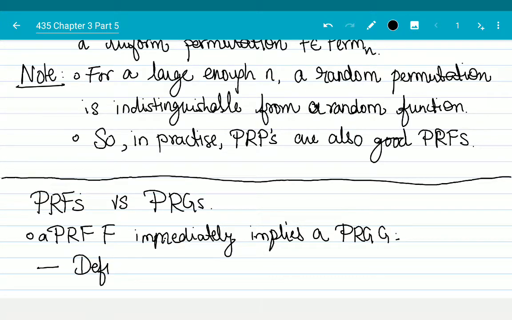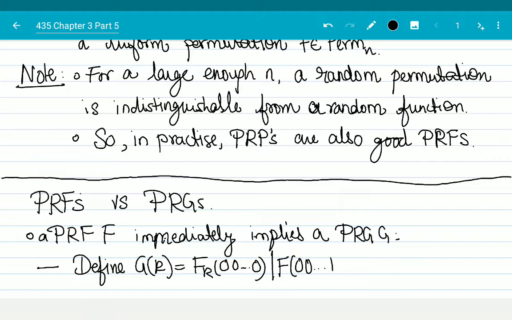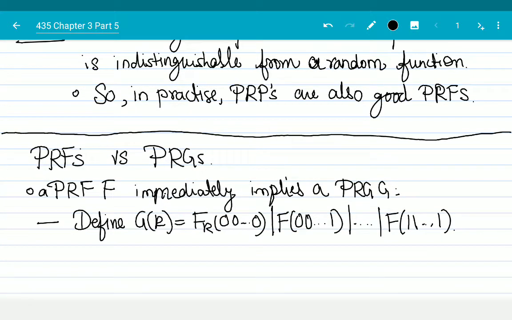Define G of k is equal to f_k of 00...0, concatenated with f_k of 00...01, concatenated with dot, dot, dot, all the way up to f_k of 11...1. And you get an extremely long string of pseudo-random bits.